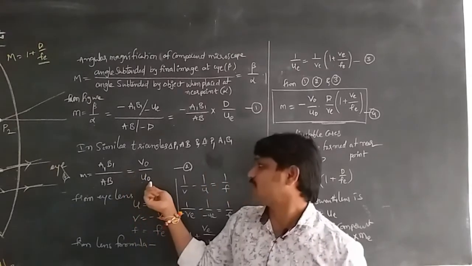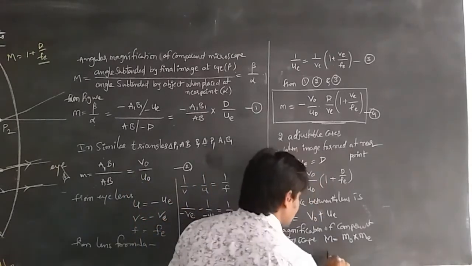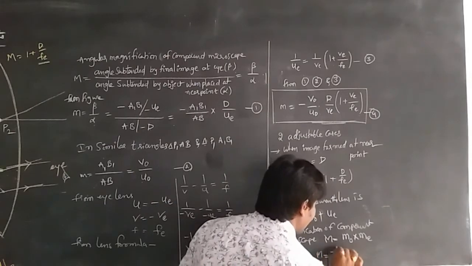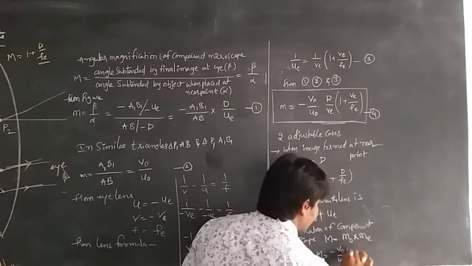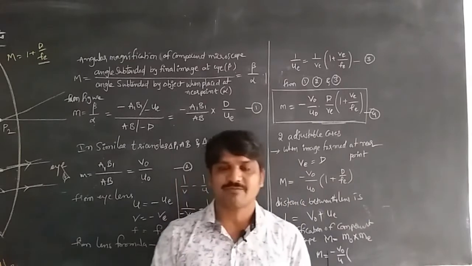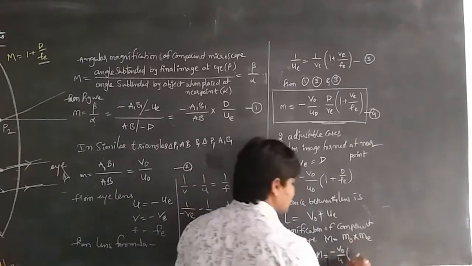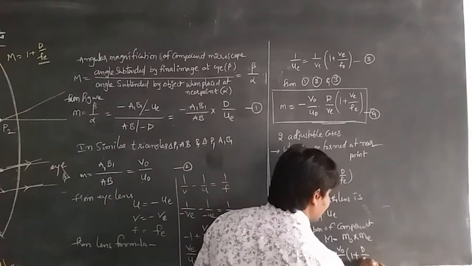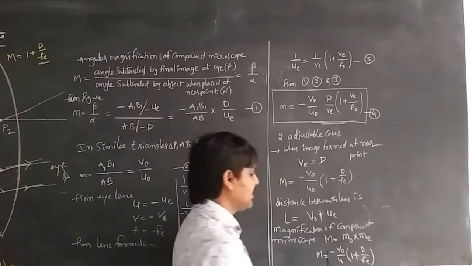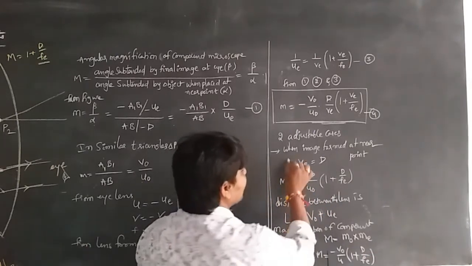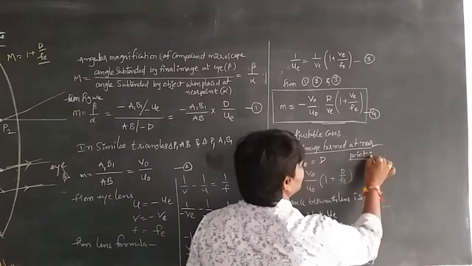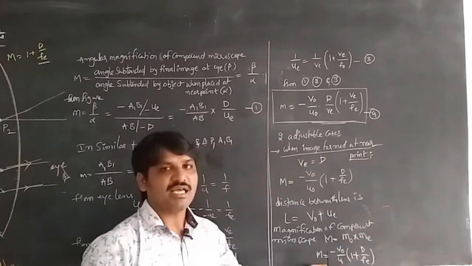The magnification of the objective piece is minus V naught by U naught. From the simple microscope, the eyepiece magnification is ME equal to 1 plus D by FE. This is when the image is formed at a near point.